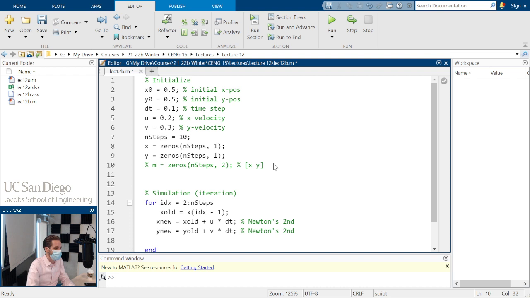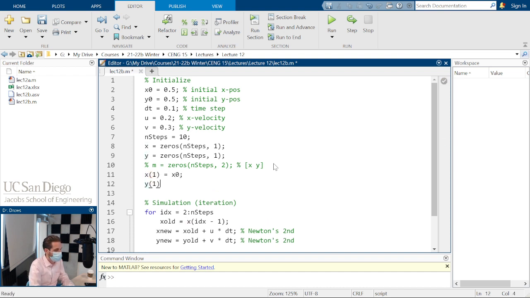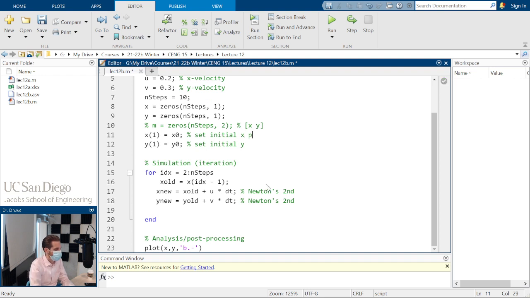So I need to put the first value in there. So I would say something like x of 1 is x0 and y of 1 is y0. So this sets the initial y, and this sets the initial x. I should say the initial x position and the initial y position.